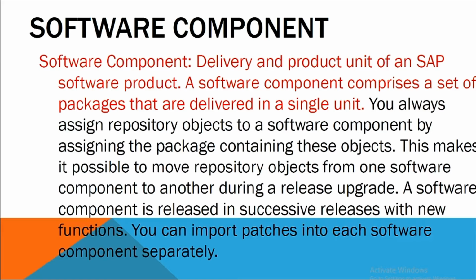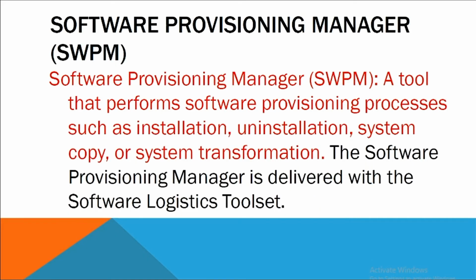A software component is released in successive releases with new functions. You can import patches into each software component separately. Software Provisioning Manager, SWPM. SWPM is a tool that performs software provisioning processes such as installation, uninstallation, system copy, or system transformation. The Software Provisioning Manager is delivered with the Software Logistics toolset.